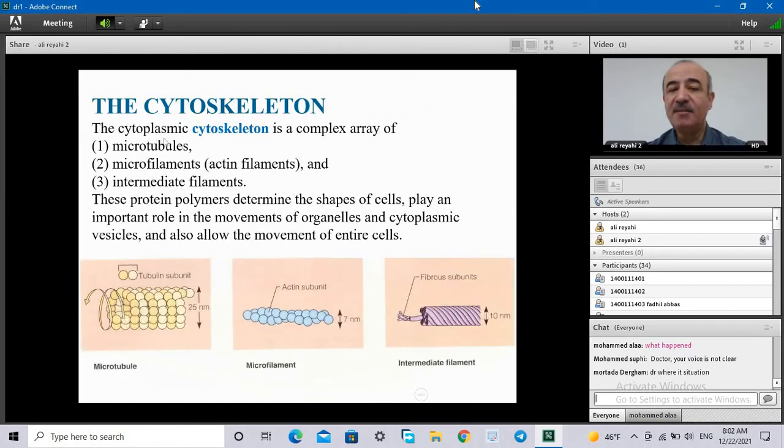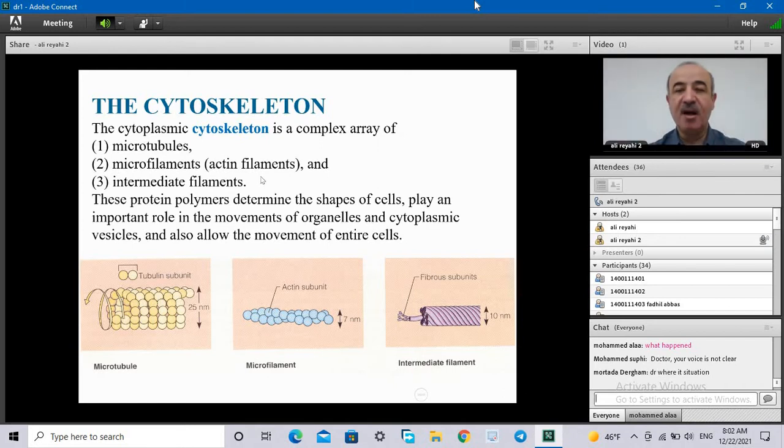The cytoplasmic cytoskeleton is a complex array of three structures: microtubule, in this picture, microfilament, and intermediate filament.